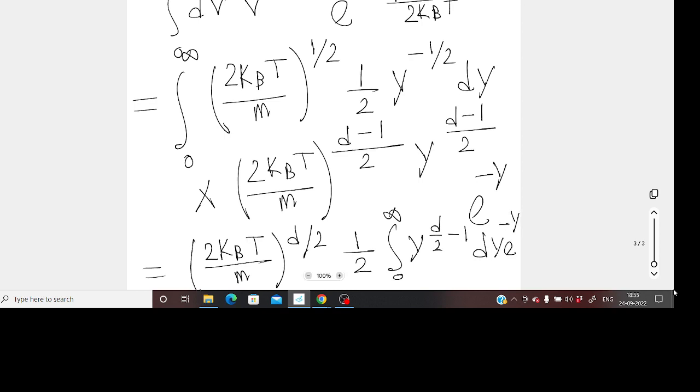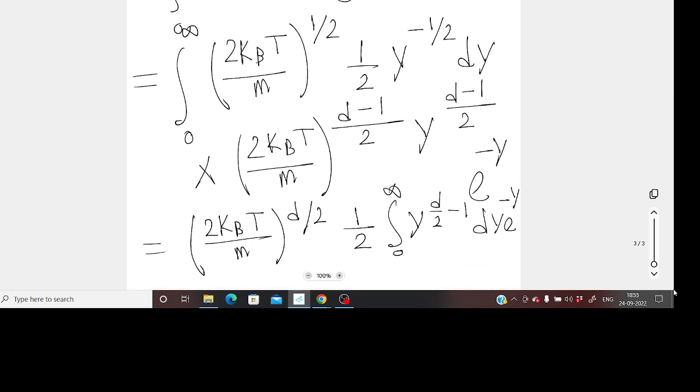So the integral from 0 to infinity of dy into e to the power minus y into y to the power d/2 minus 1 is equal to gamma of d/2. This is the gamma function.